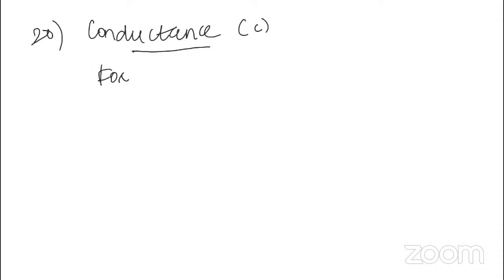Next one, conductance. Simple formula, C is equal to 1 by R. Here R is nothing but resistance.